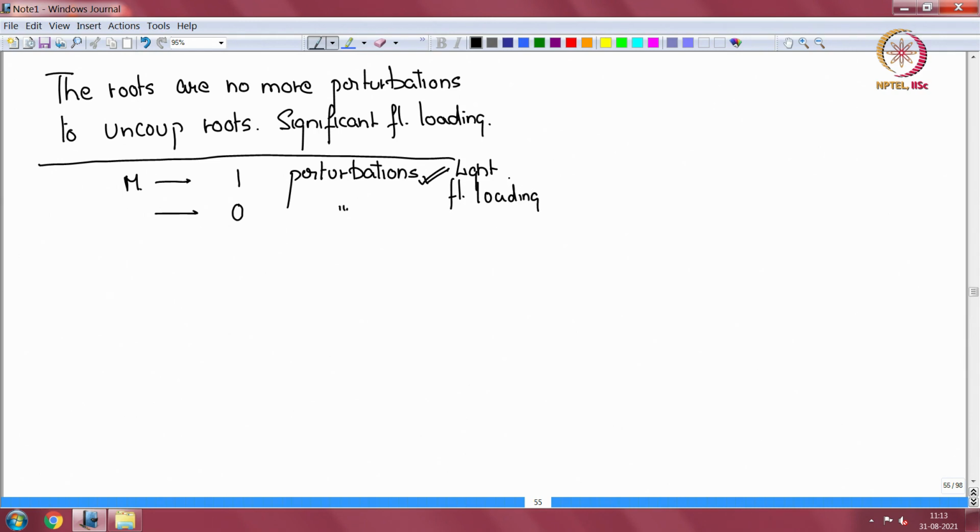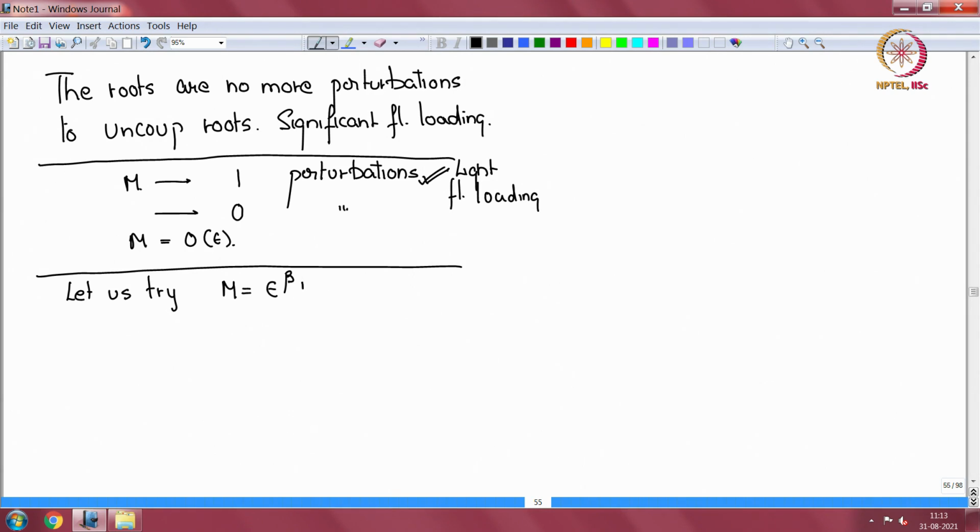but that was not the case when m was order epsilon. We could not balance the coupled dispersion equation. So, let us try this: m is equal to epsilon to the power beta n.